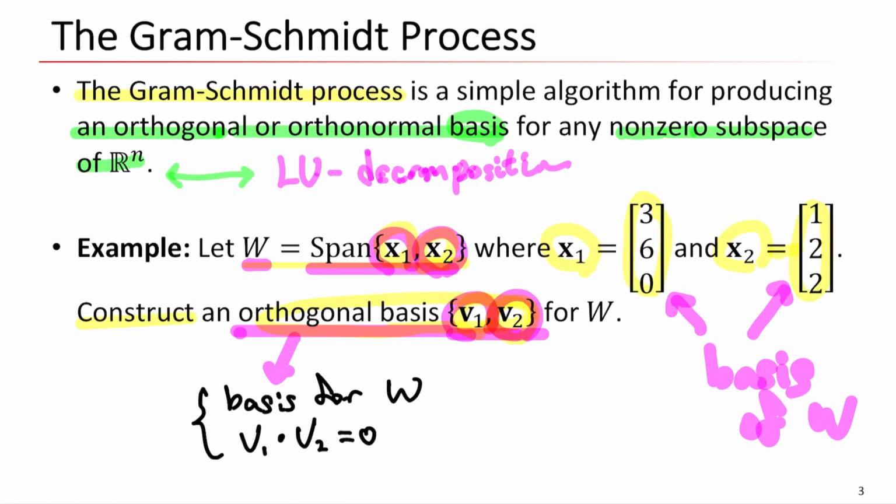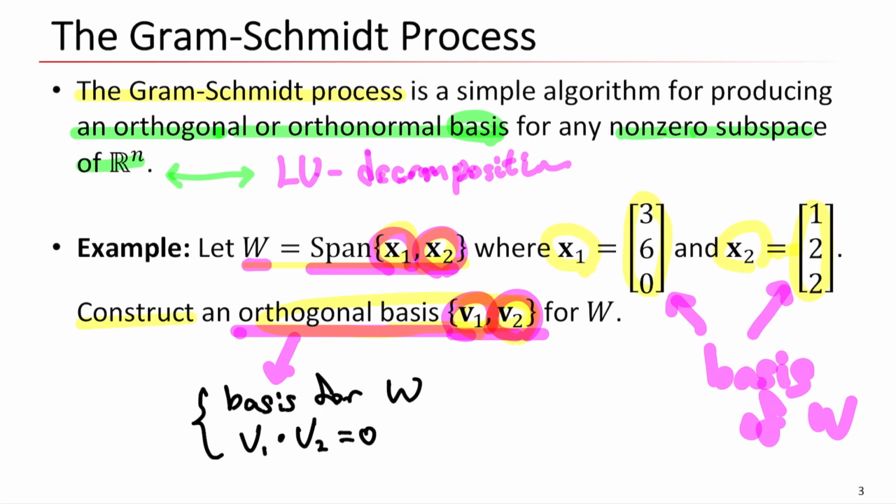The Gram-Schmidt process is the way to produce an orthogonal or orthonormal basis for any non-zero subspace of R^n, right? I suggest you compare the QR decomposition method, which will be discussed today, with the LU decomposition method.